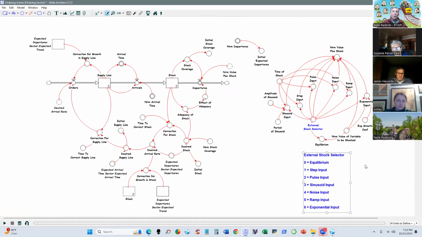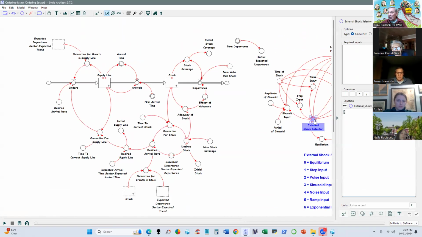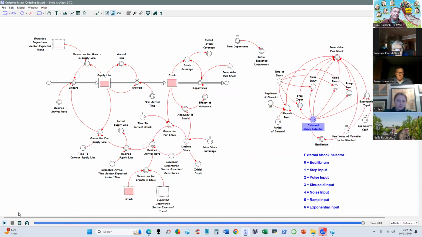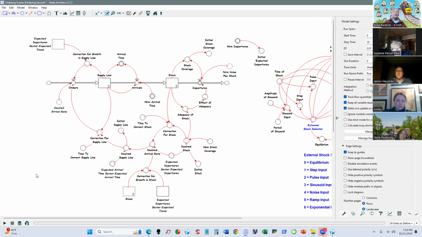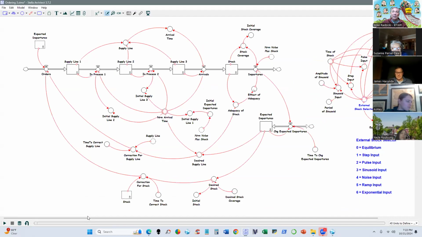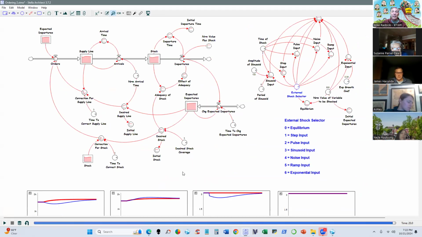But so what do we have here? Let me first put this thing into equilibrium. Okay, we're good. So now we're circling back to a first order material delay. Okay, that's the one. No, not that one. This one.